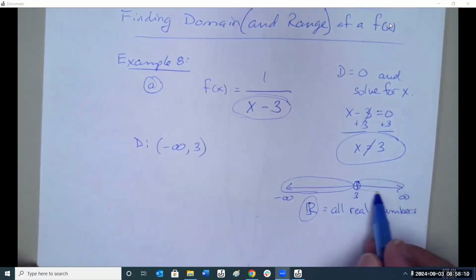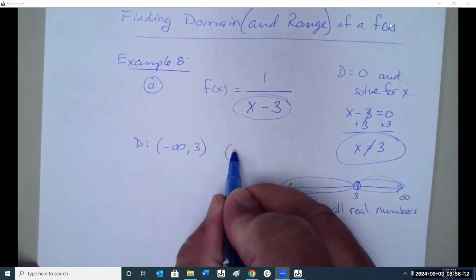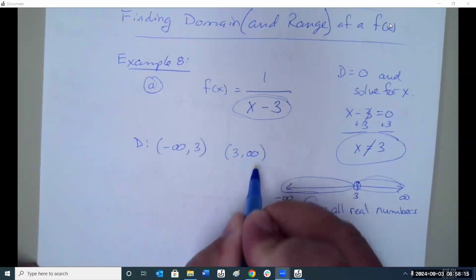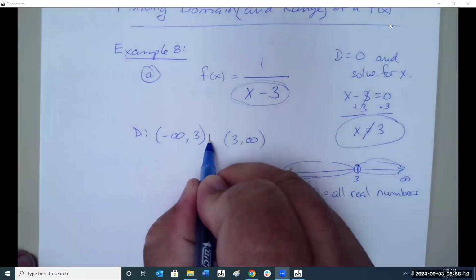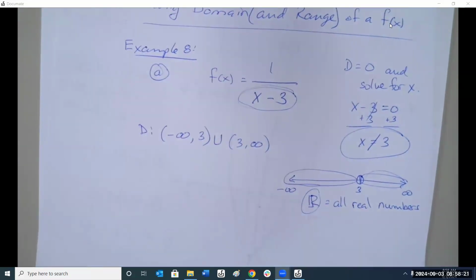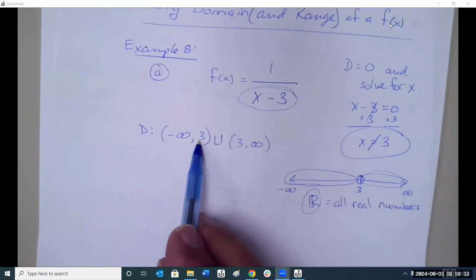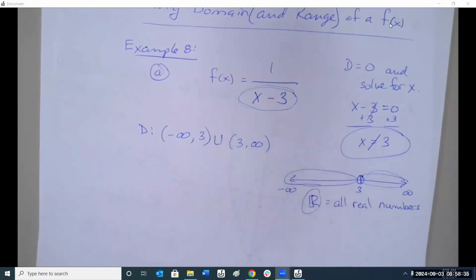And then I can use everything over here from 3 to positive infinity. And since there are two different sides, I use the or statement, the union, which means or. So my x value can be in here, or it could be in here.